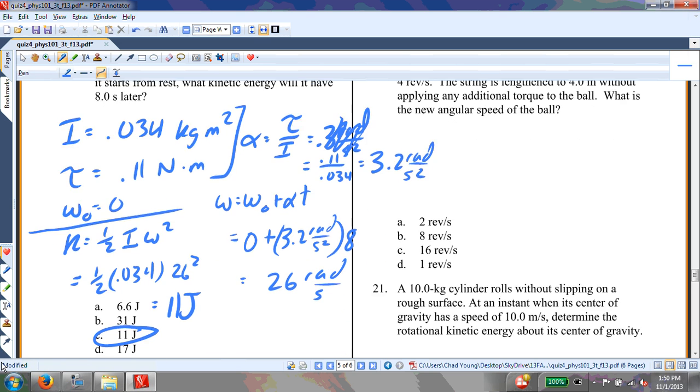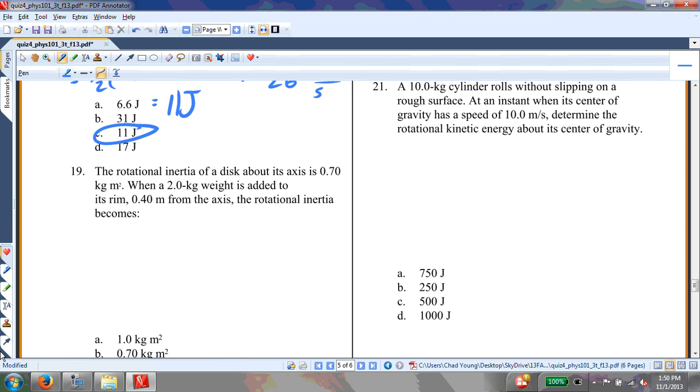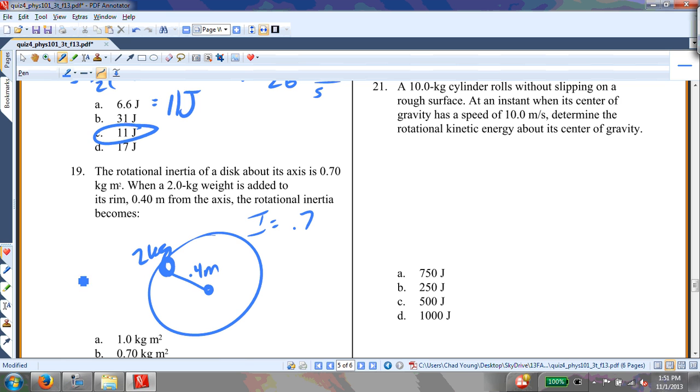Alright, number 19. Rotational inertia of a disk is 0.7. When a 2 kilogram weight is added to its rim, 0.4 meters from the axis, the rotational inertia becomes what? So I have this. It has a moment of inertia equal to 0.7. But then I add a mass out here, which is going to be 0.4 meters. It has 2 kilograms. So it contributes its own moment of inertia, which is mr squared.